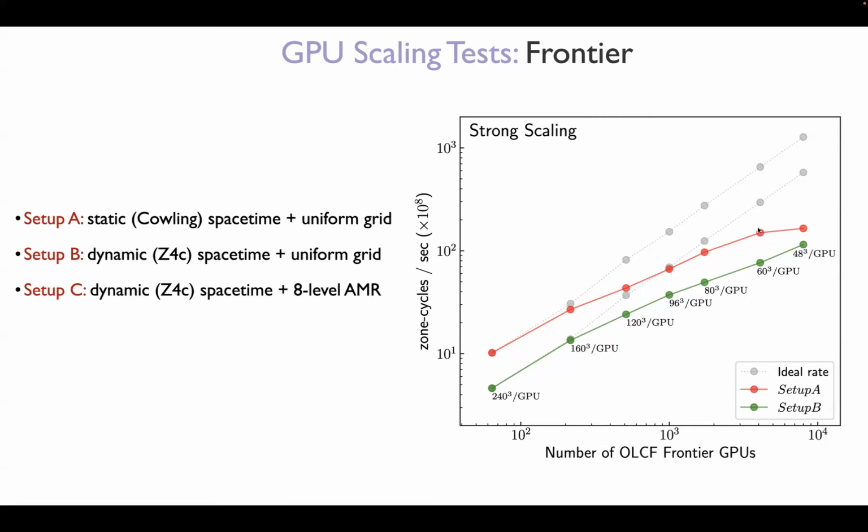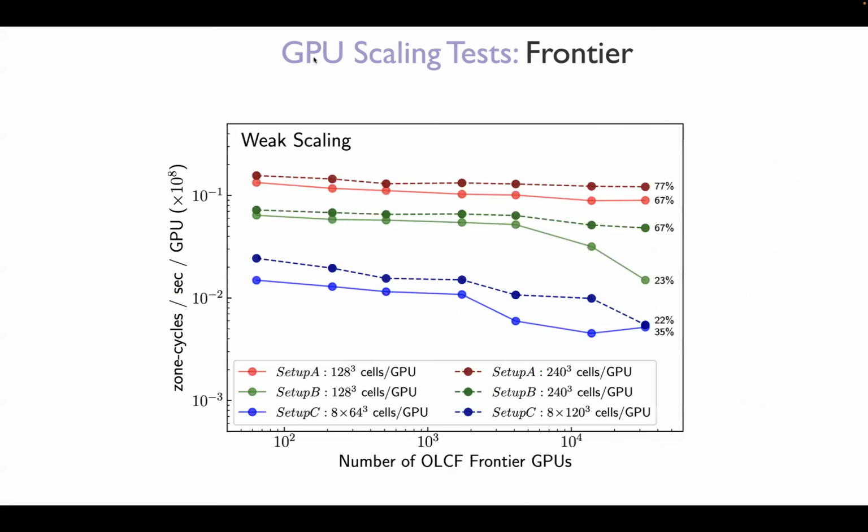Of course, GPUs are not made for strong scaling because you want to have as much compute load as possible. You want to saturate the GPU. So as you reduce the compute load, that is what you actually see in the plot. You're not actually using the GPU really well, and hence the strong scaling doesn't work that well on GPUs.